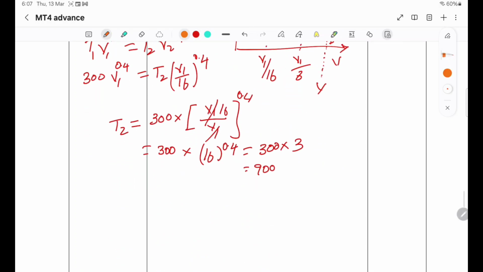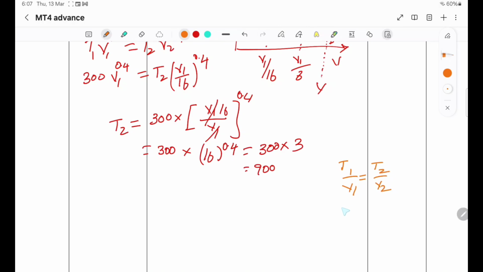The next process is the constant pressure process. For constant pressure, T1 by V1 equals T2 by V2.